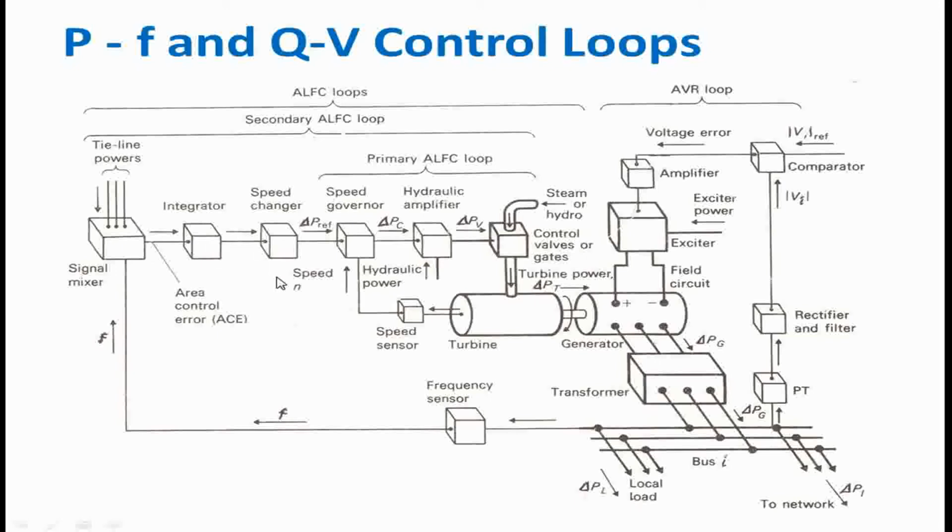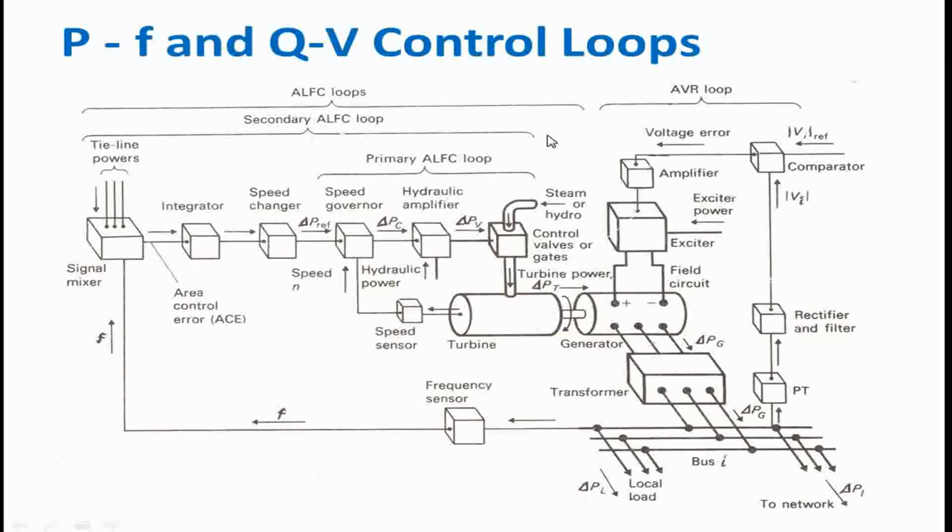With the help of this integrator, again we are going to have a control on frequency. And also we have the tie line power control, and the response time of the secondary load frequency control loop will be in minutes, so we call the secondary load frequency control loop the slower loop. This is how the load frequency control loop works.